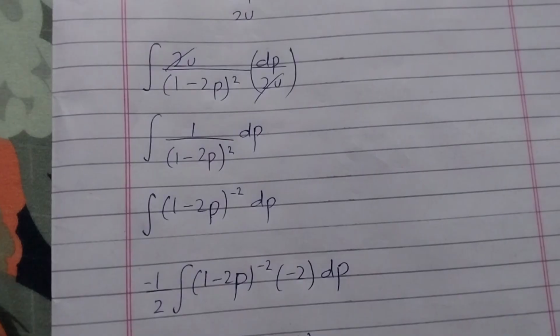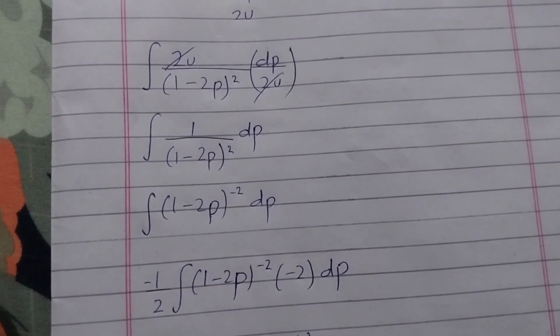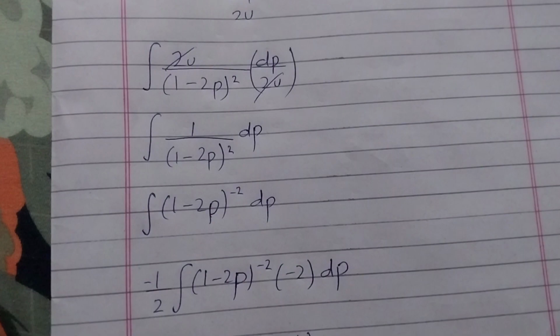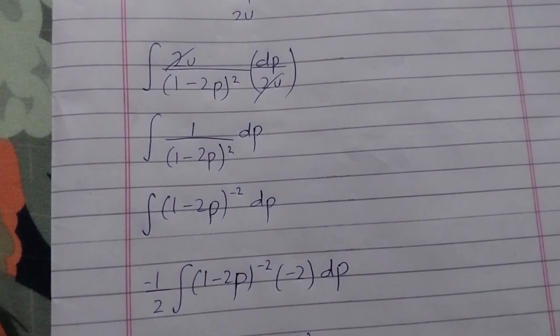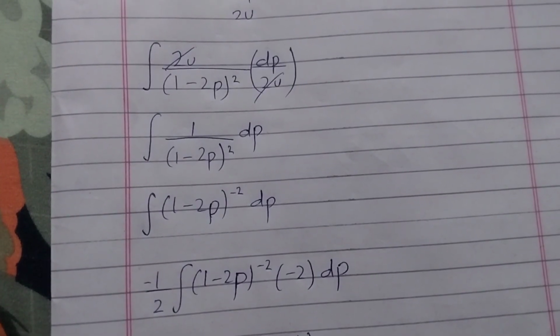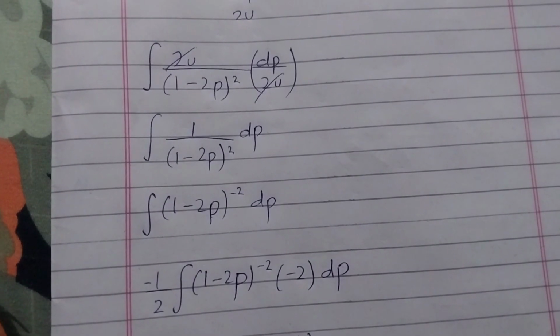and we know the power rule for integration or antiderivative, that if we have an expression raised to a power, and its derivative is written right next to it, we can use the power rule. So the derivative of 1 minus 2p is simply minus 2. So I'll be dividing and multiplying with minus 2.